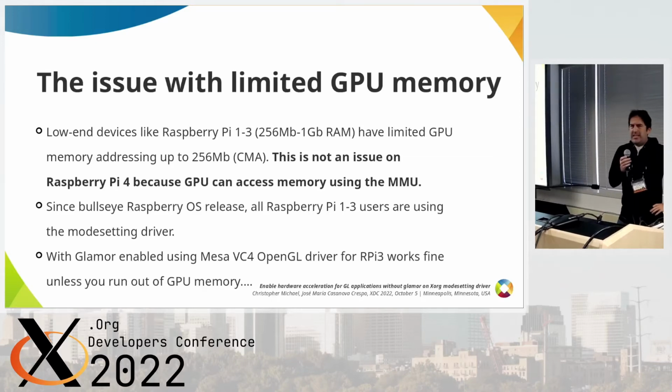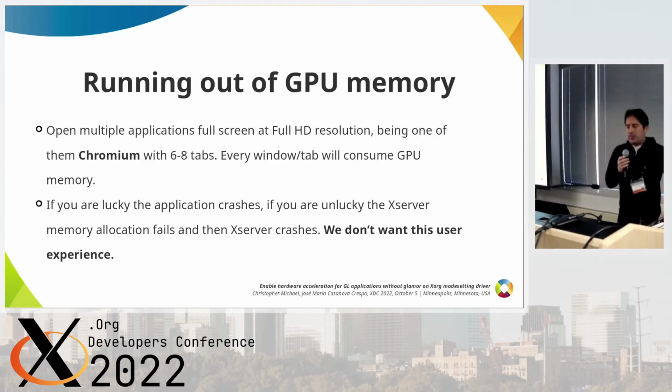So since the end of December last year, our Raspberry Pi 1, 2, 3 are using the modesetting driver. When Glamor is enabled, everything was fine, until the moment we run out of GPU memory. How can we reproduce that issue?